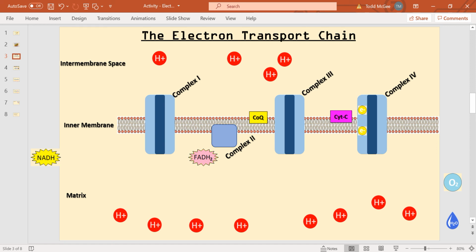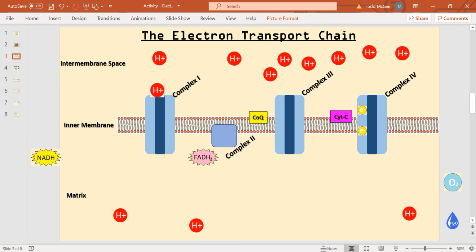Now that we're at complex 4, we're going to pump some more hydrogens across to the other side. Okay? And by the way, we're just going to keep doing this for all of these here. They're going to be pumping through, and of course they only pump to the other side when there's electrons moving in there, but I just wanted to make that clear. When the electrons bond to them, they transfer that energy, and that allows the hydrogens to pump through.